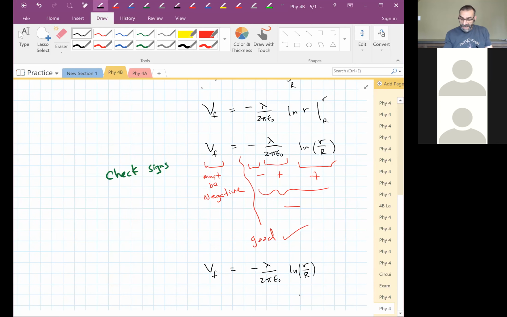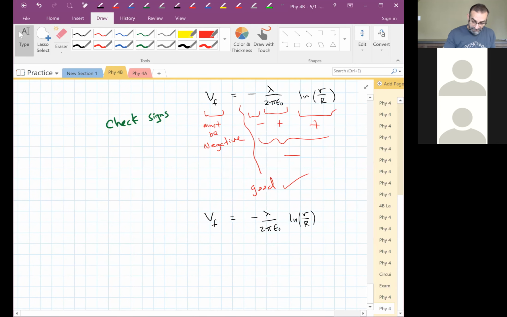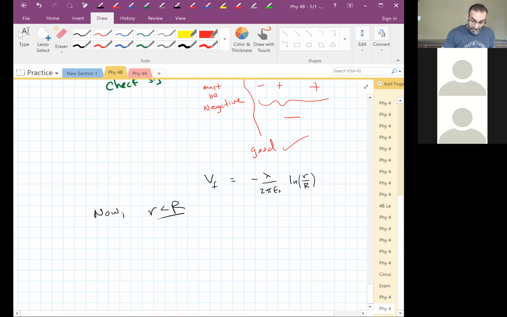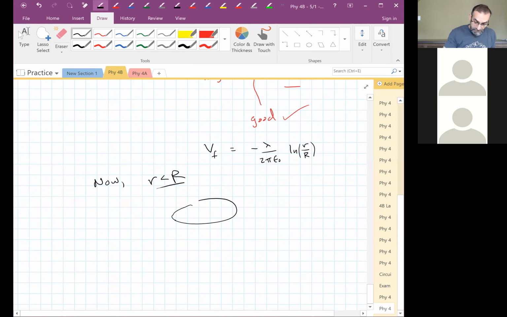Now we'll go inside real quickly. R less than the radius of our cylinder. So we're starting here, and our final is going to be here somewhere, right? So this is R, and this is capital R, right?